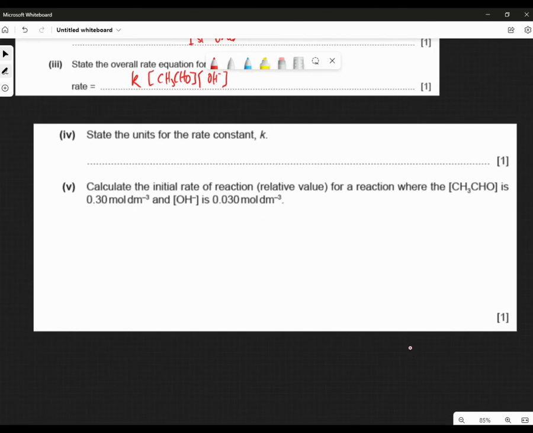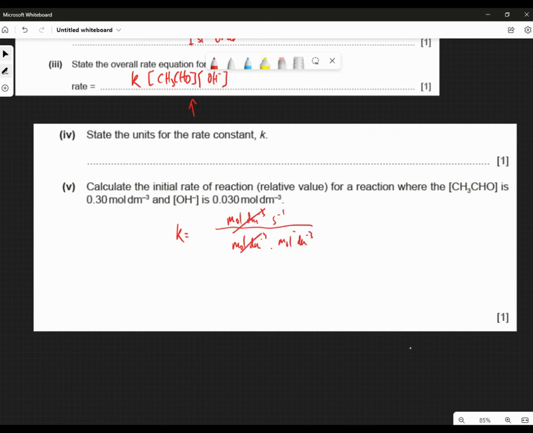This is how I do this, okay? The K, I'm going to write on here, but I'm going to rub it out in a minute. All right, so the constant from this equation is equal to the rate, and the rate has units moles per decimeter cubed per second, and we divide that by concentration, moles per decimeter cubed, times concentration, moles per decimeter cubed.